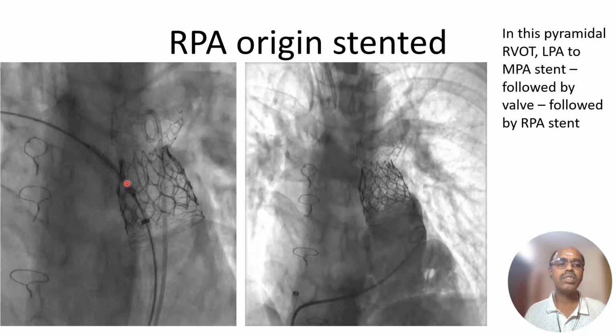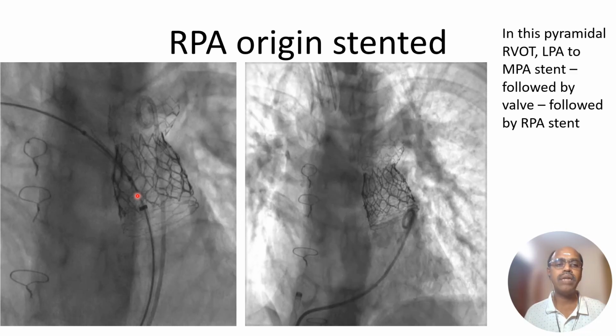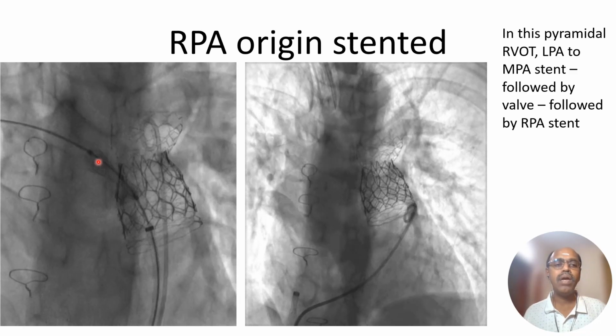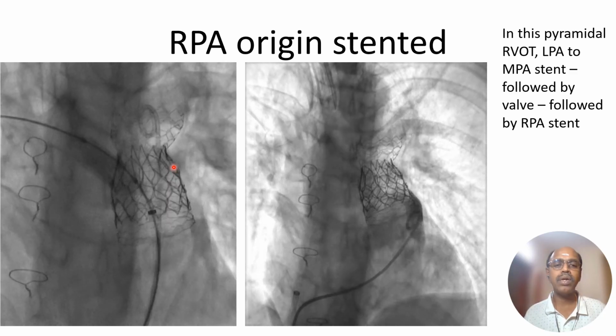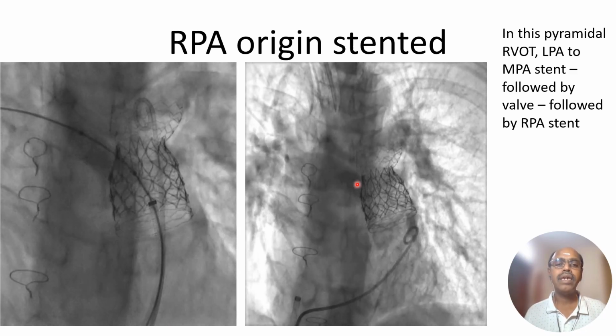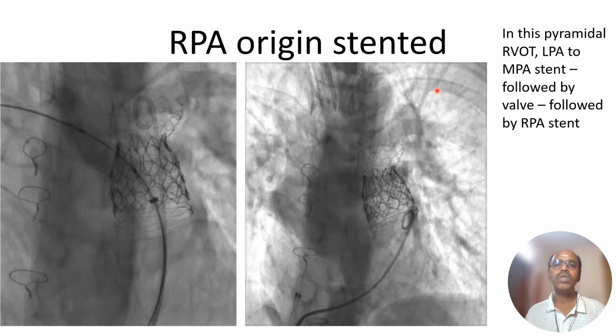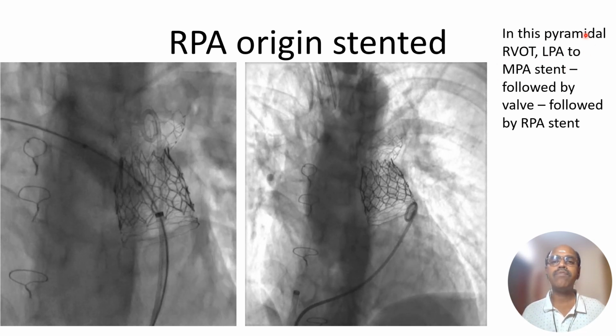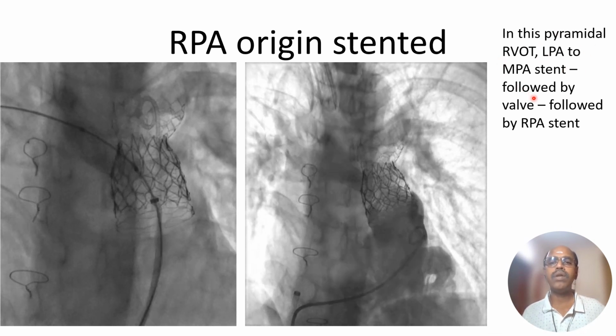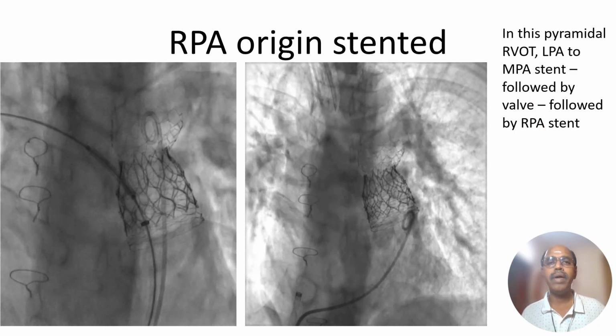So then position a small Cook Formula stent of around 10 millimeter. Deploy most of the stent distally and keep only the proximal small strut proximally, and then get a full dilation. So in this patient of pyramidal RVOT, the initial stent is from the left pulmonary artery towards the main pulmonary artery, followed by the valve. That's followed by RPA stenting.